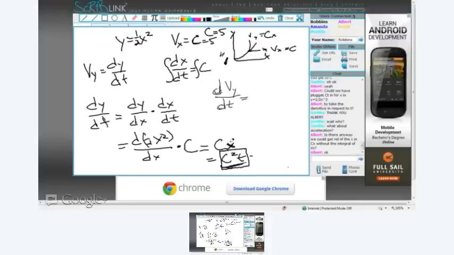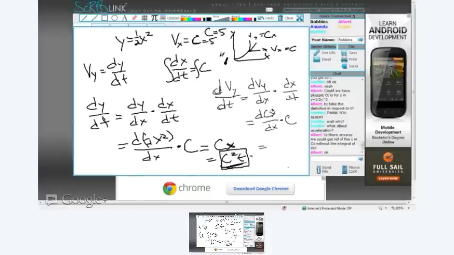But if we didn't know x, or if it wasn't so simple, then we can do, again, the chain rule. So that's going to be the derivative of the velocity in the y, dx, times the derivative of x, dt. And that's going to give you derivative of cx dx times the derivative of x with respect to time, which we know is c.